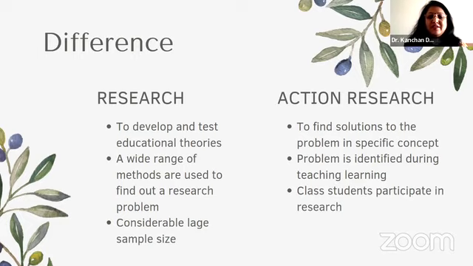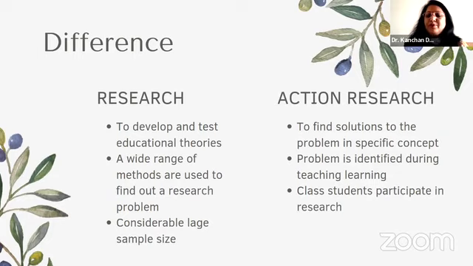Now here in the other researches, you can see that a wide range of methods are used to find out the research problems. There are quite a few methods. Those who have done their MPhil or PhD, or those who have conducted any kind of research program with some research institutes, will understand what I'm saying, that it needs a lot of study before you identify a research problem in general research in any kind of field, whereas the action research could be done by any qualified teacher who is teaching in the class.